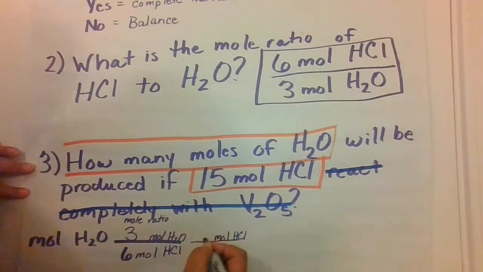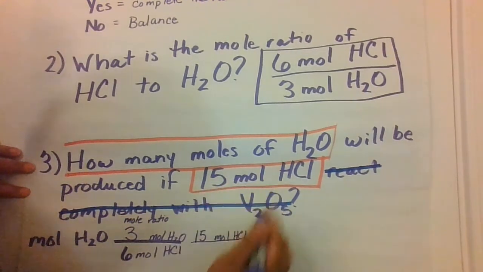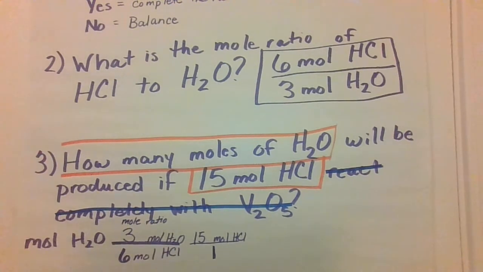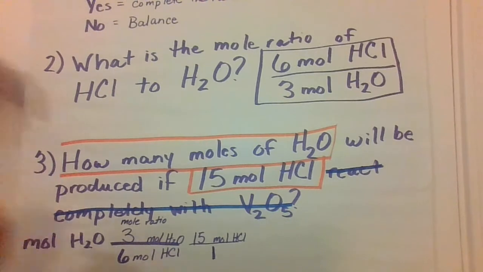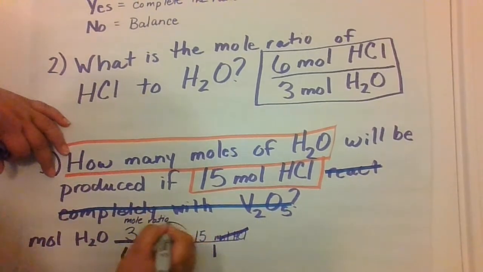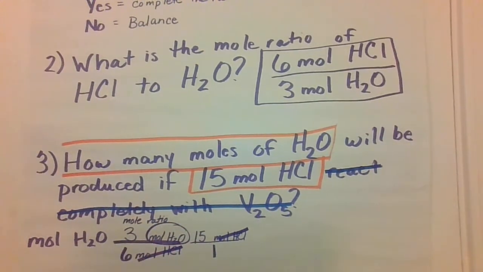Absolutely, we have that 15 moles there. It's not married to anything, so we place that over 1. And now we get to do the wonderful crossing out of like terms to make sure that we are left with the unit we need, which we are. We're left with moles of H2O.